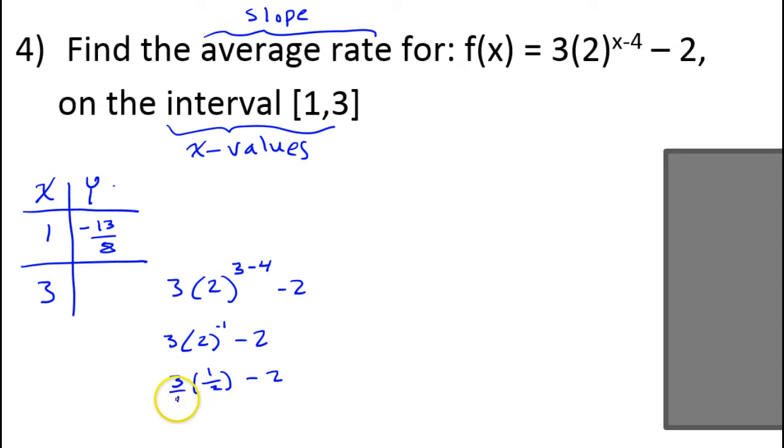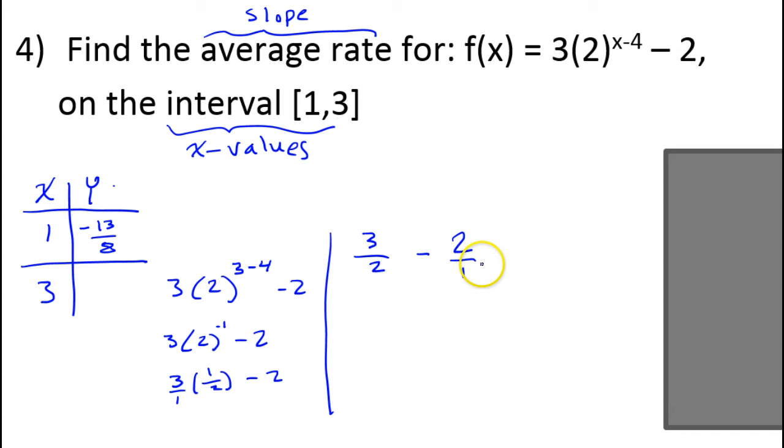Now remembering that this 3 is like 3 over 1. So 3 over 1 times 1/2, this will simply be 3 over 2, multiplying these together. So I have 3 over 2 minus 2. How do I do this? Well, this 2 is like having 2 over 1.